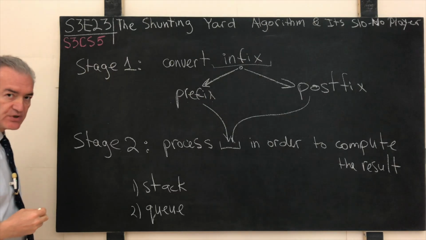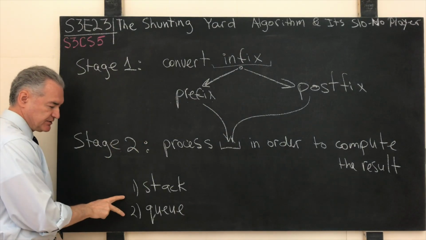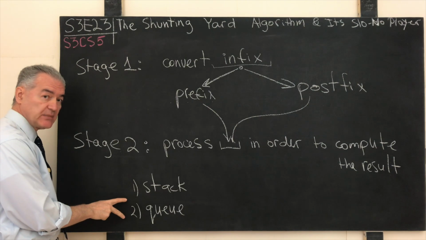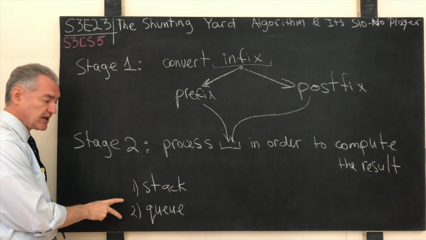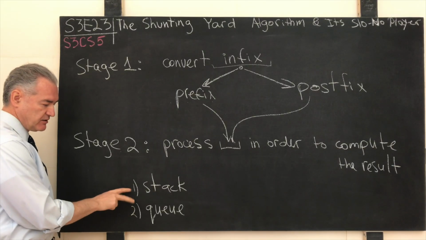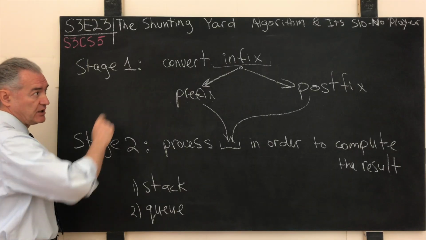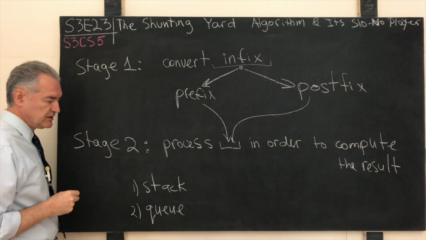Now, the underlying mechanism which makes all this beautiful stuff happen is the tandem of 2 fundamental computer science container types, a stack and a queue. And these 2 containers are actually used with respect to the operands and operators in 2 different ways.